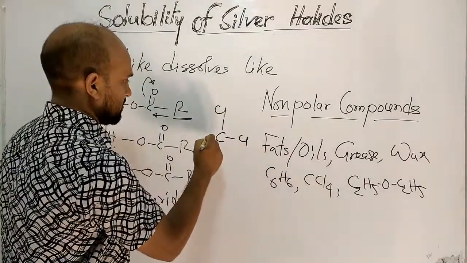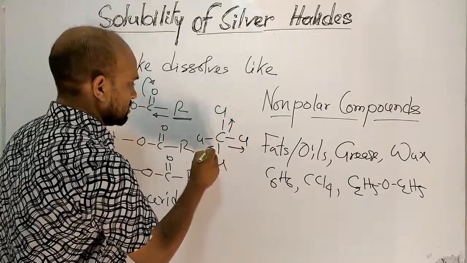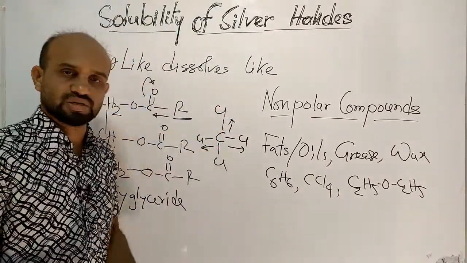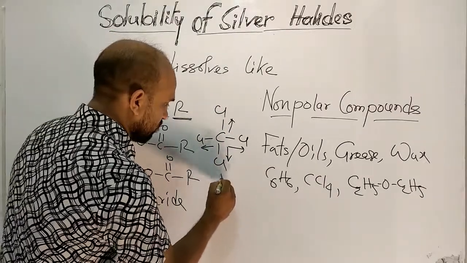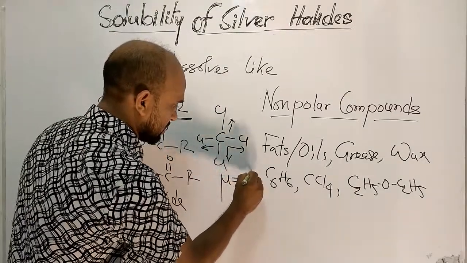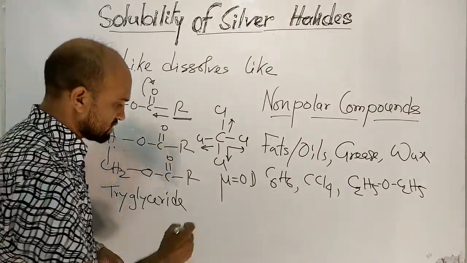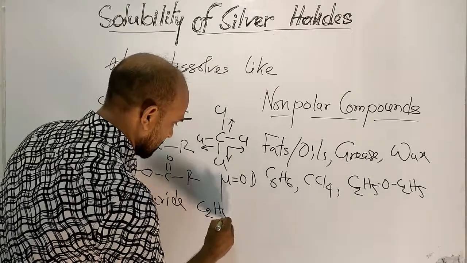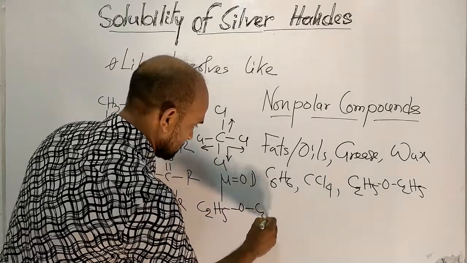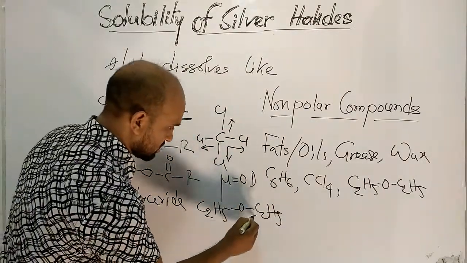This is carbon tetrachloride. Electronegativity of chlorine is greater than carbon, but the dipole moment of this compound is 0 D. So this is also a nonpolar compound. Another one is ether, diethyl ether. This is also nonpolar.